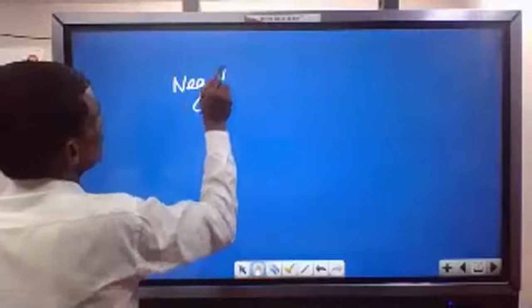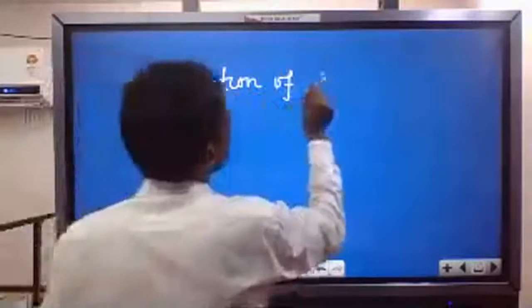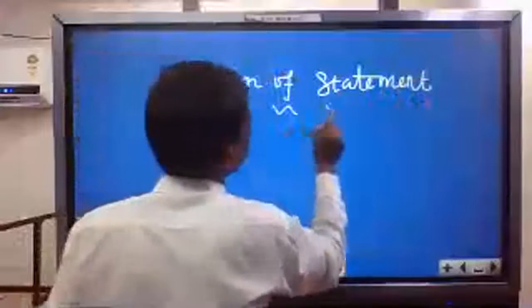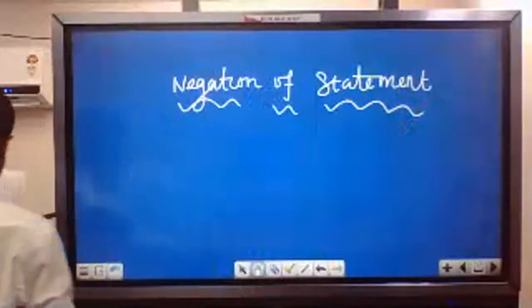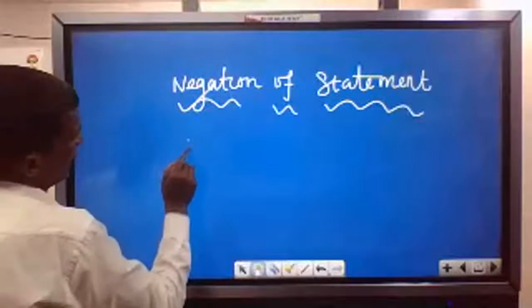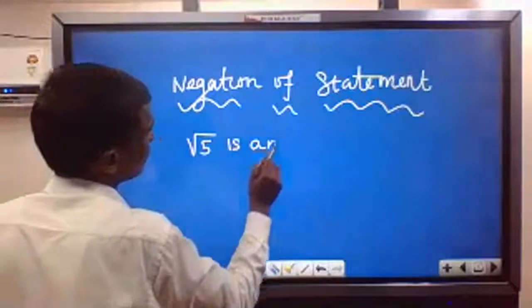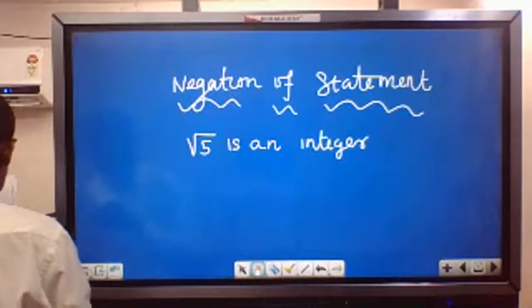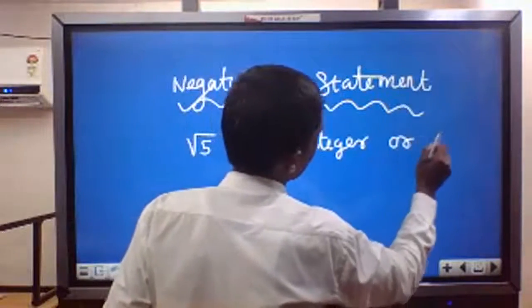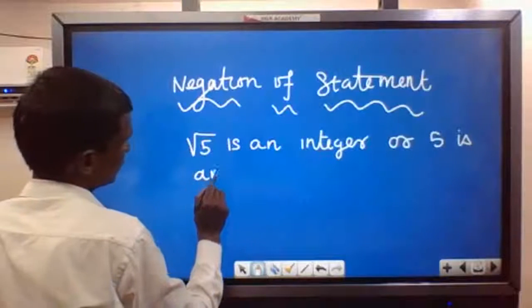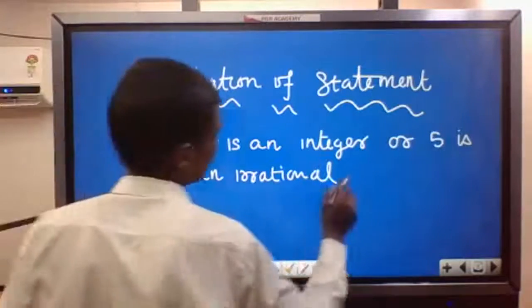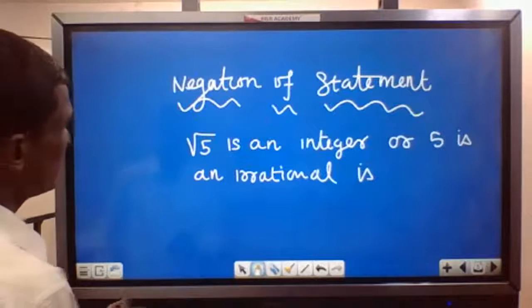Second problem: the negation of the statement. The statement is, root 5 is an integer or 5 is irrational. What is the negation of this statement?